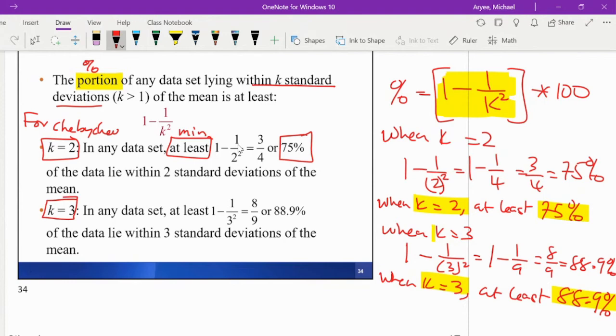When k is equal to 3, at least 88.9%. The word 'at least' or the word 'minimum' should always come with Chebyshev. You've got to memorize or remember this for Chebyshev. Chebyshev always goes with the word minimum or the words at least.